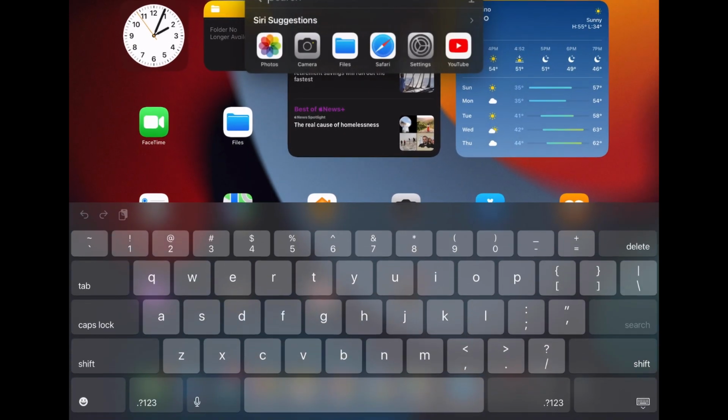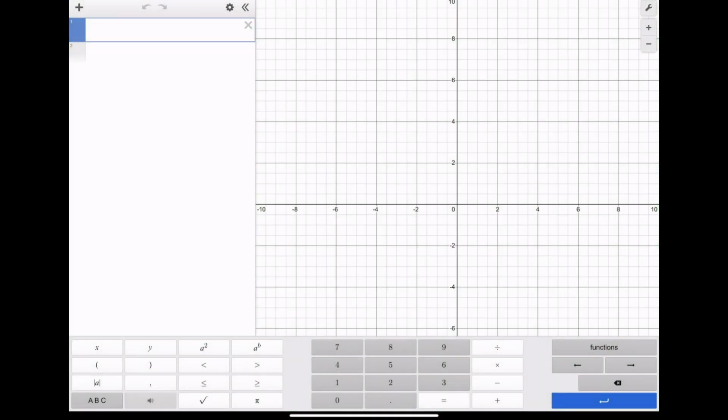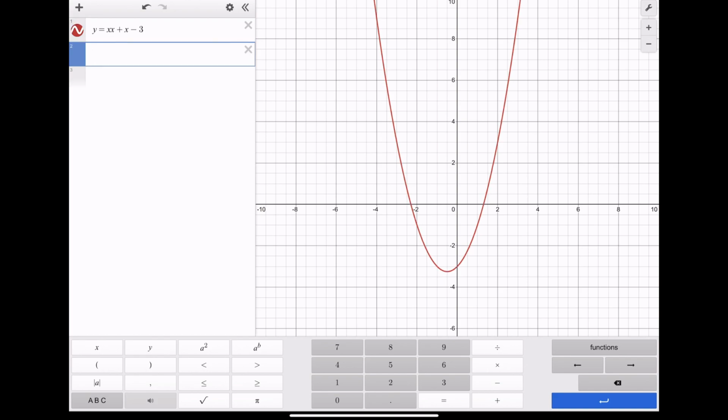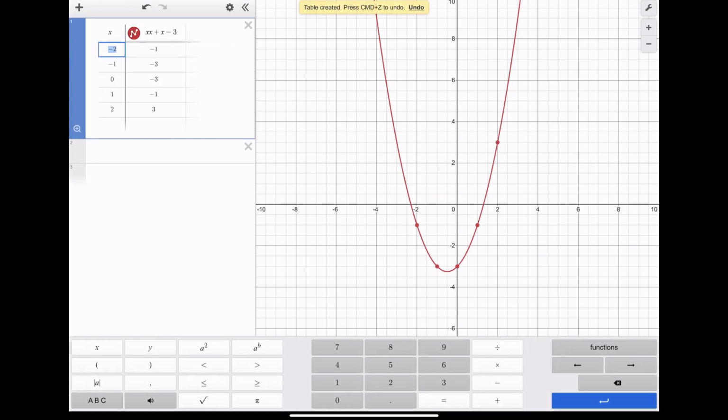Put that into Desmos. Let me put in the function. y equals x squared plus x minus 3. And then I click on the gear, and then I want a table of values.